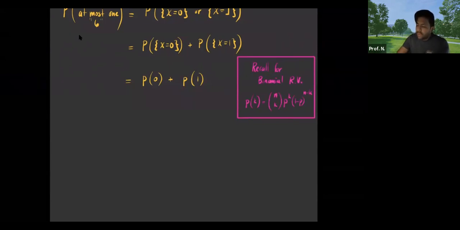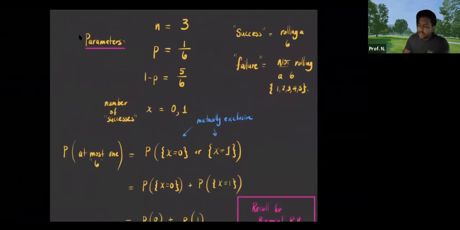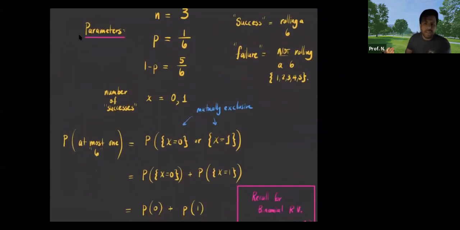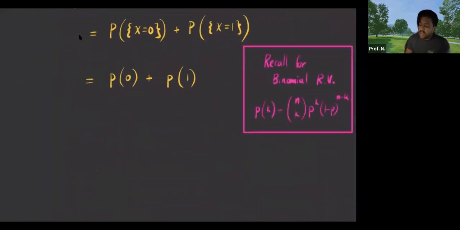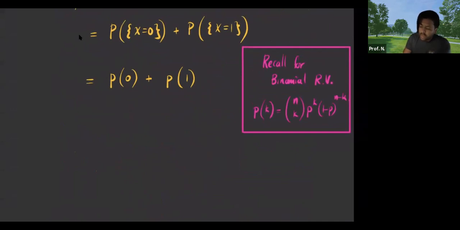Now, all I have to do is use this same formula and plug in the numbers that I already know. I know what k is going to be immediately, 0. I know n is 3. I know p is 1/6, and I know 1 minus p is 5/6. And then the exponents are taken care of as well. So p of 0 is going to be 3 choose 0, 1/6 to the 0th power multiplied by 5/6 to the 3rd power.